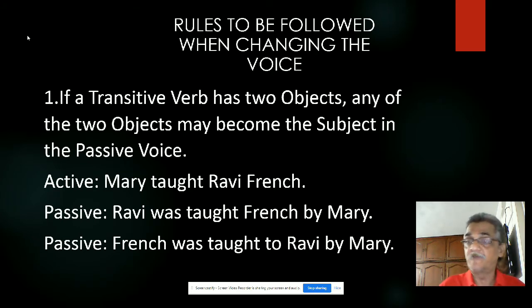Mary taught Ravi French, as in French is not Ravi's surname, but the language French. We have two objects over here, Ravi and French. So the first passive form we can use is Ravi was taught French by Mary. Or we can also say French was taught to Ravi by Mary.